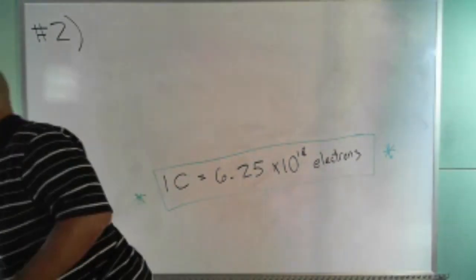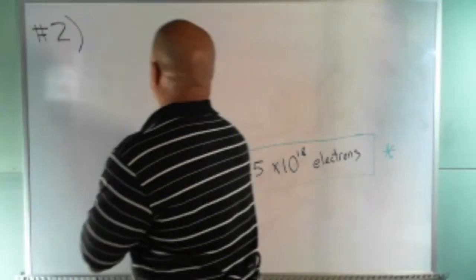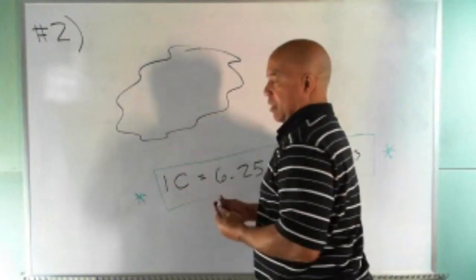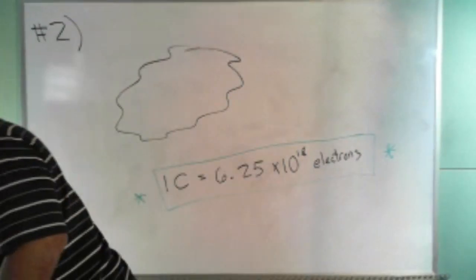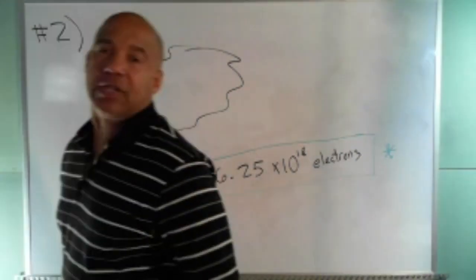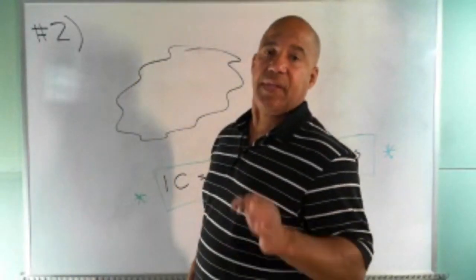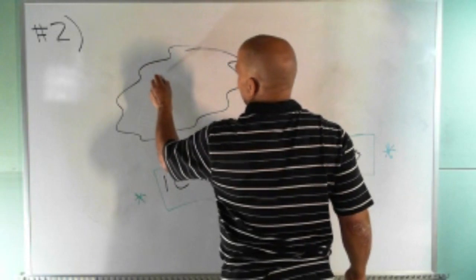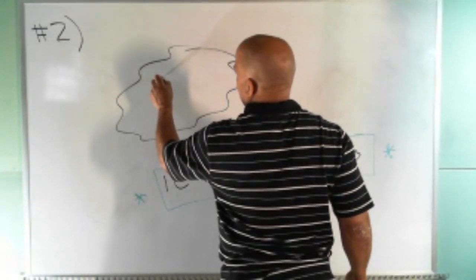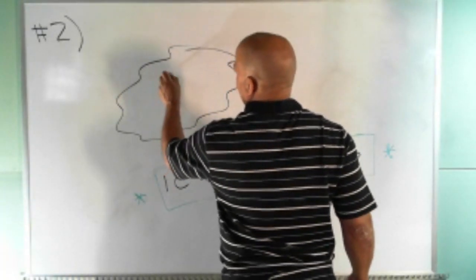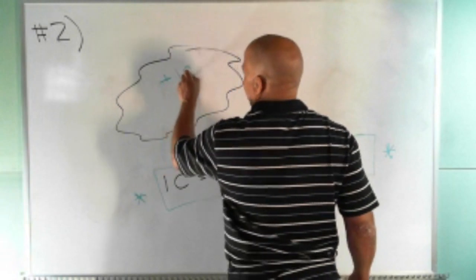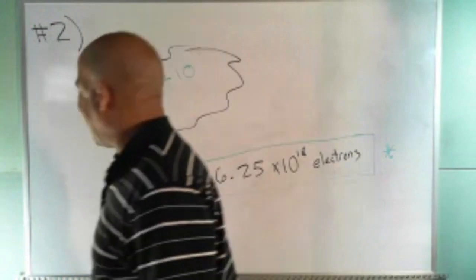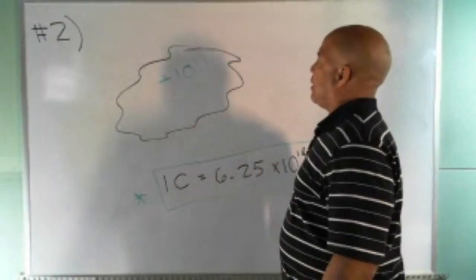So let's say I got some object, and the net charge on the object is 0. The net charge is 0. So maybe I got a charge in here of, let's say, plus 100.